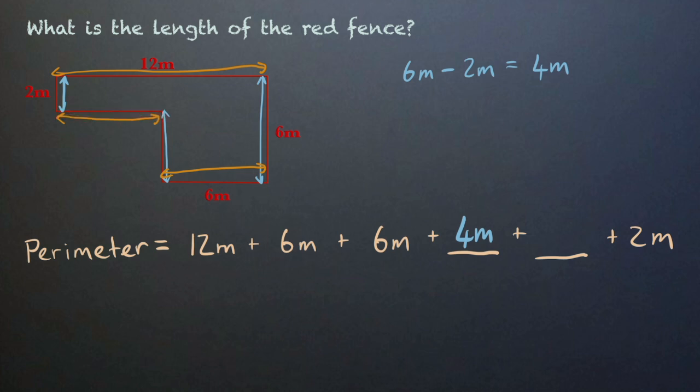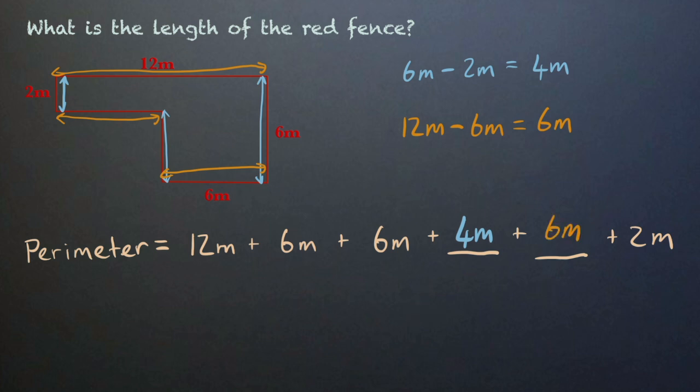So we can see that 12, this full one here, take away this part, is going to leave this part. So I could write it as 12 meters take away 6 meters. And we know 12 take 6 is 6, so we've got 6 meters, and we can put that in here.